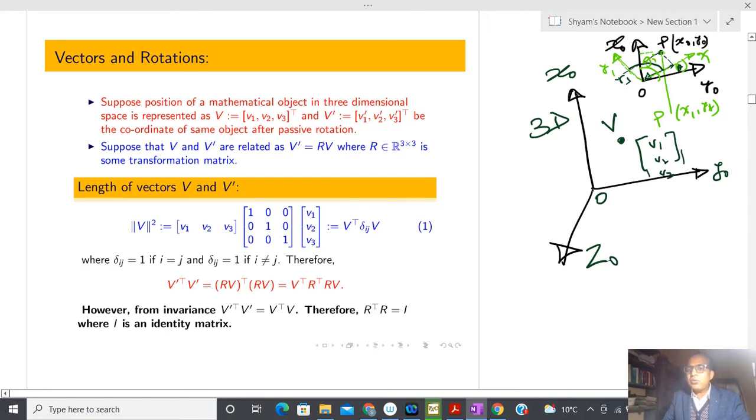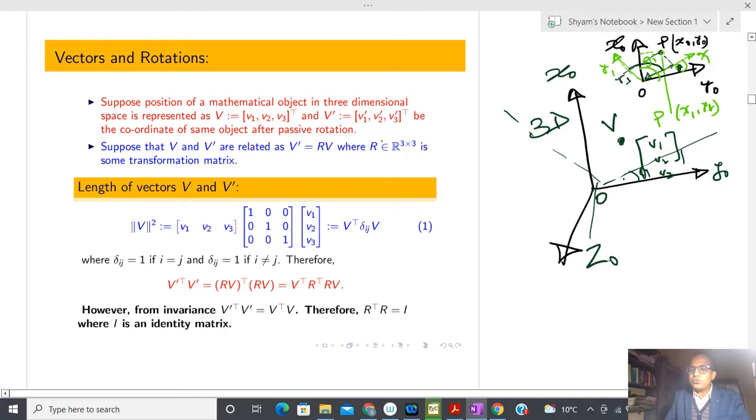Now I am going to rotate this whole coordinate frame by angle theta, and that is passive rotation. After that what we found is that the same point in the rotated frame is represented by V1 dash, V2 dash and V3 dash. You can treat this as an inertial frame, and this another frame makes angle theta with respect to that inertial frame.